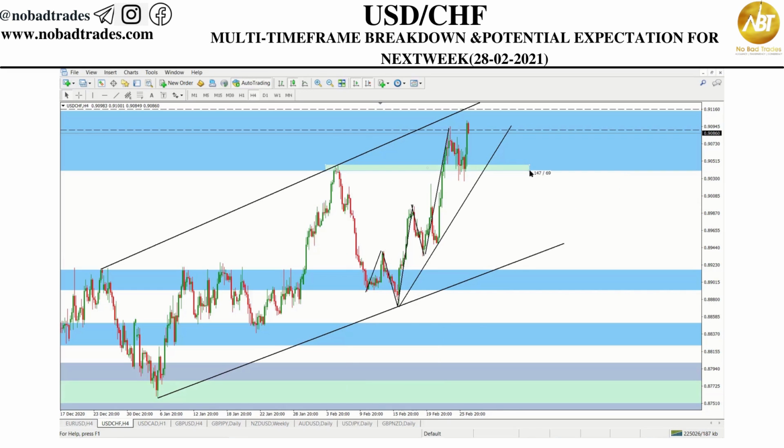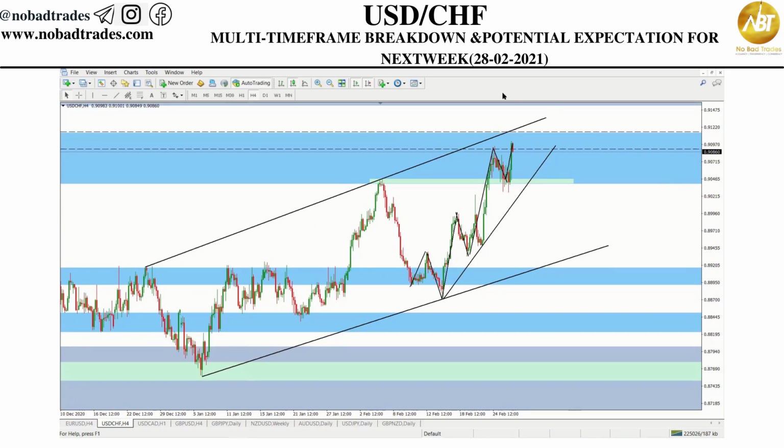After price broke above this level, it gave us a retest, and price went back to the 61.8. So we want to know if this particular zone, between this level and this level, is going to reject price.